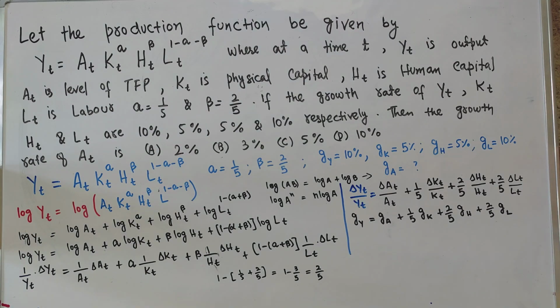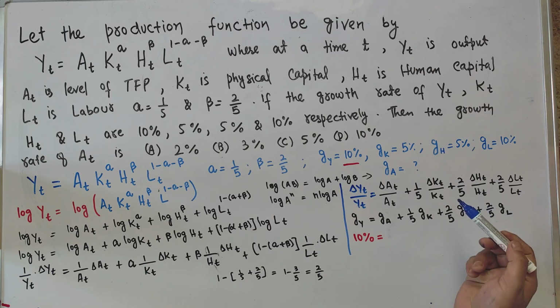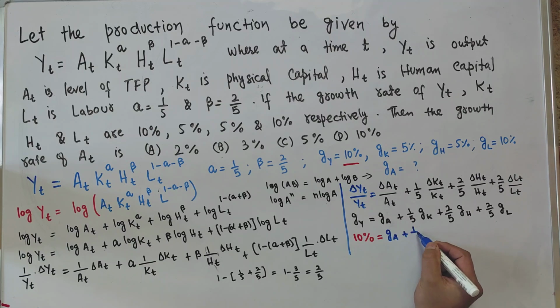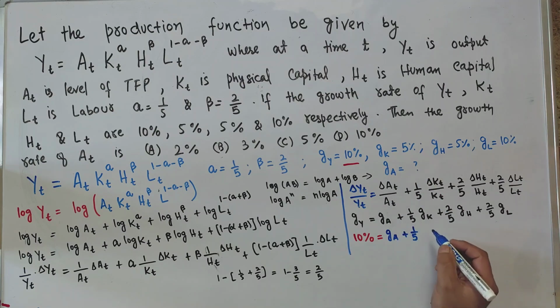Now we know from the question that growth rate of output is given to us as 10%, so I can write here 10% is equal to growth rate of total factor productivity that we are supposed to find out. Let's write it as it is, plus 1 upon 5. What is the growth rate of capital? That is 5%.